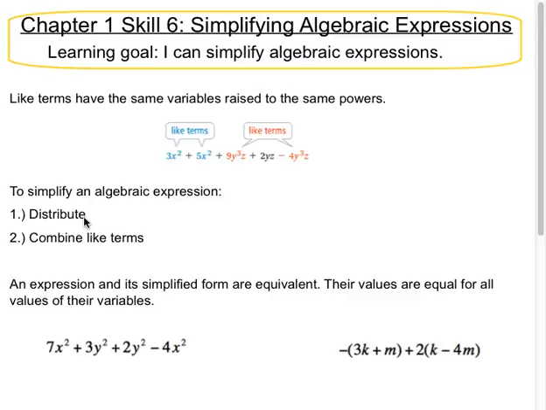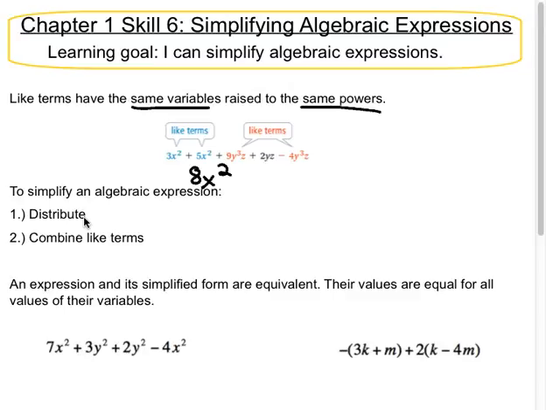And so up top, I reference that it's the same variables to the same powers. So for example, you can see in blue that the 3x squared and the 5x squared are like terms. I can combine those into an 8x squared. You can see that the 9y cubed z and the negative 4y cubed z are like terms.